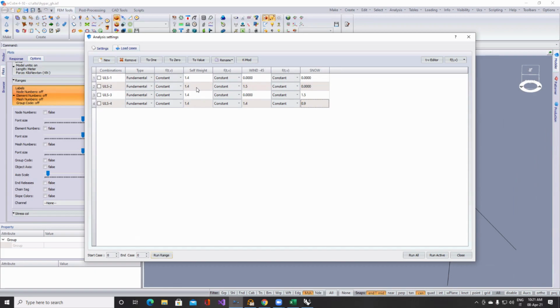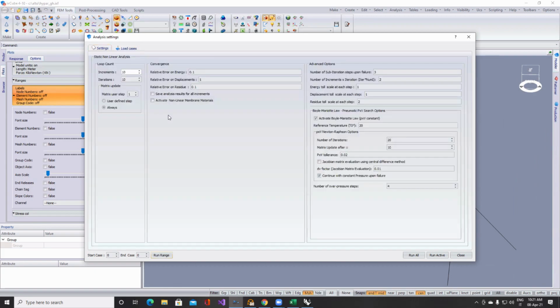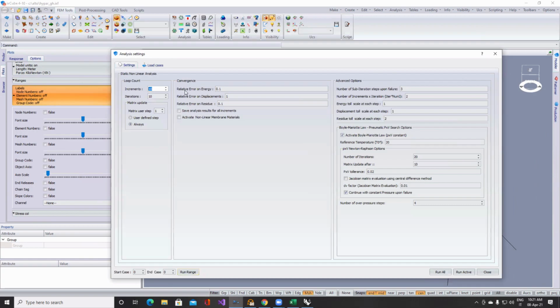Clearly, since we are running a nonlinear analysis, these have to be run one by one. And here we have the input. When we are running a highly nonlinear problem, it's good to start with at least 25, 35 increments. You remember the increments is the nonlinear. We split the load in 35 steps, and the iterations is let's put 50.